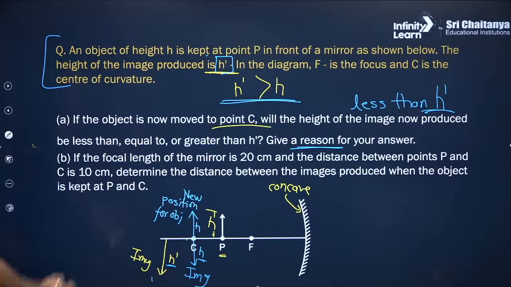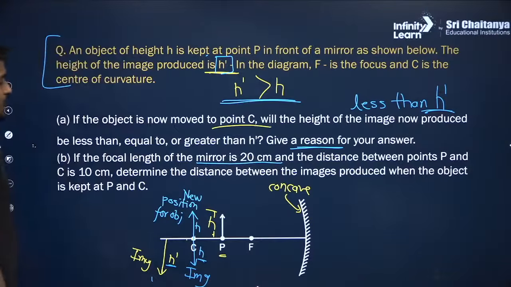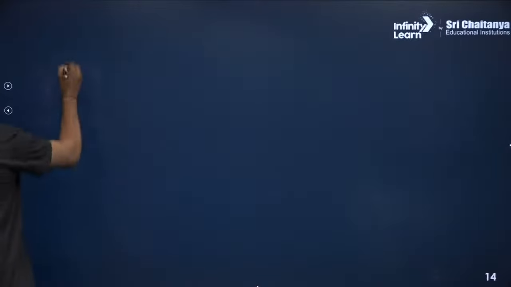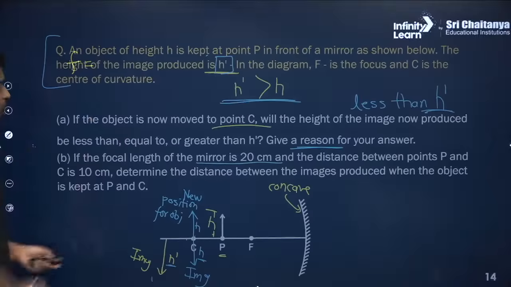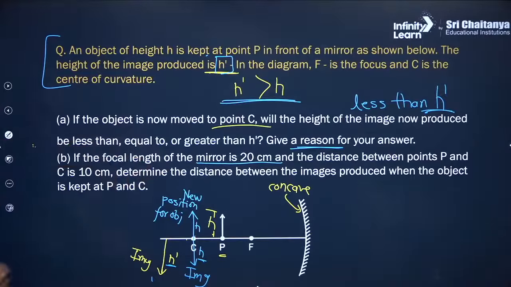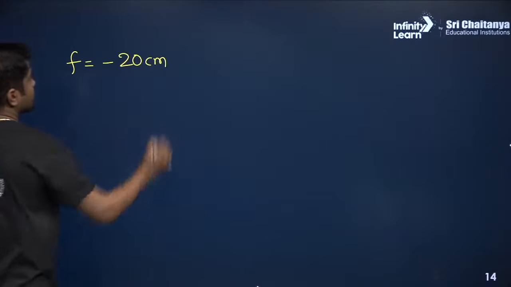Now the next question: if the focal length of the mirror is 20 centimeter. Let's redraw this, I guess we need to. The focal length is given as 20 centimeter. There is a concave mirror, so the focal length is going to be minus 20 centimeter.